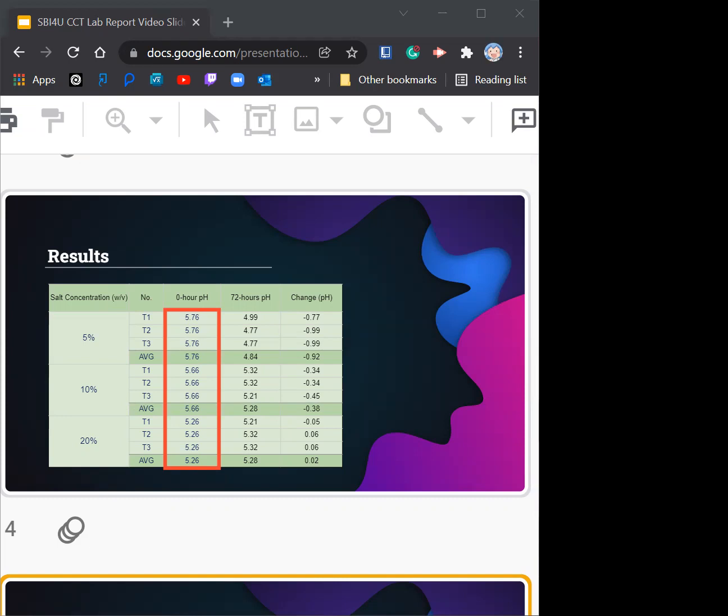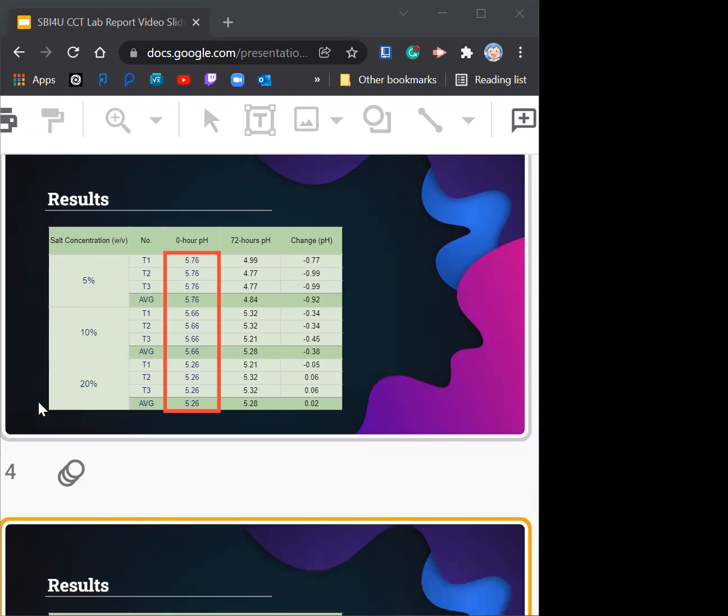However, we didn't test how many cells there were initially at all, so I can't really say much. But we know for sure that for 5%, more organic acids and CO2 was produced than in 10% and 20%.